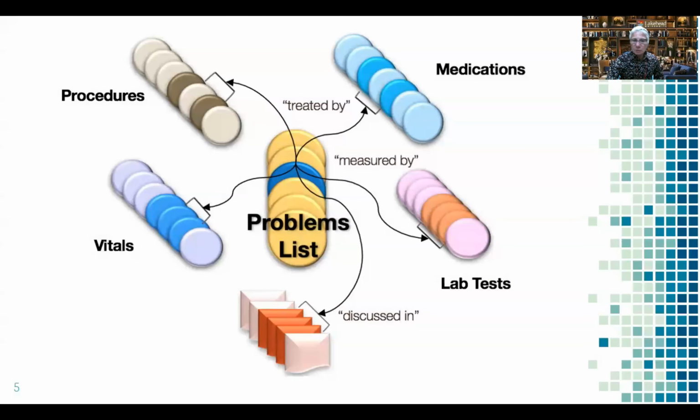As you know, a problem list is a list. It could be coming from the lab, from the medication, from different things. This slide shows that everything is centered on the problem list.